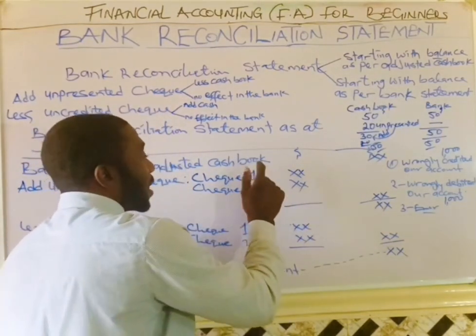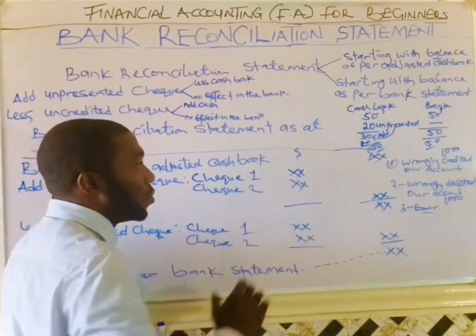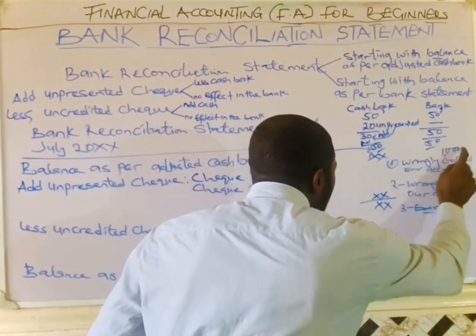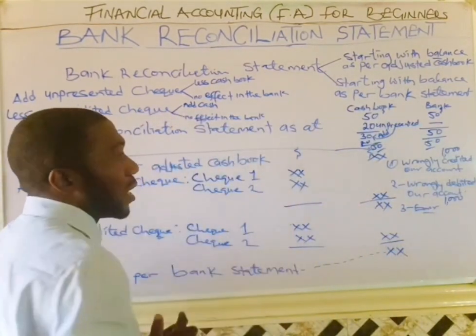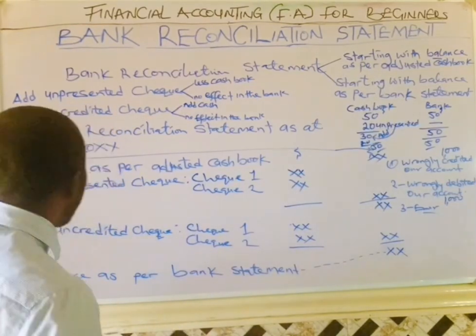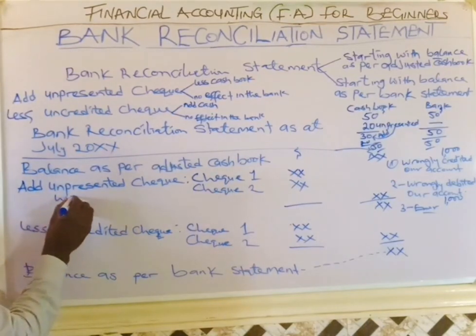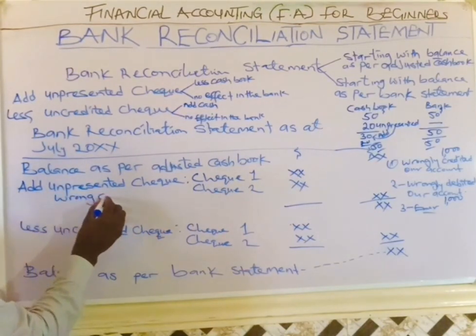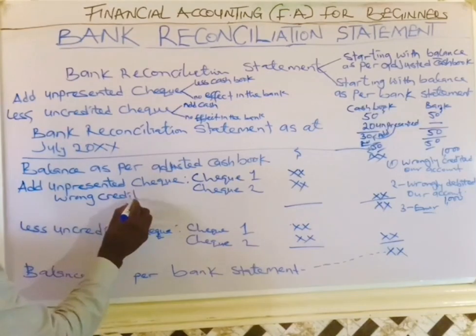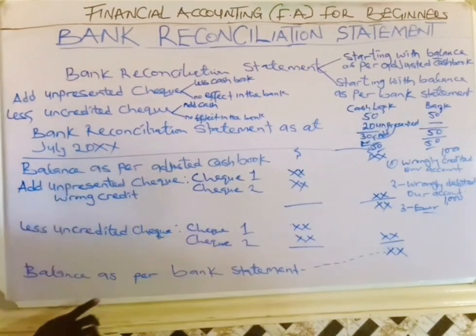This is a cash book, and the relationship is positive. You take the wrong credit and add it to your cash book in order for the balances to agree. Now you come here and say, add wrong credit.